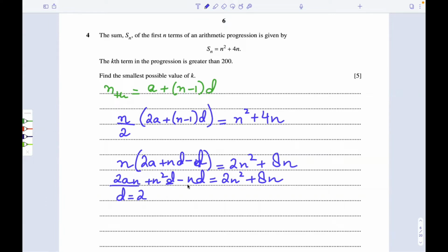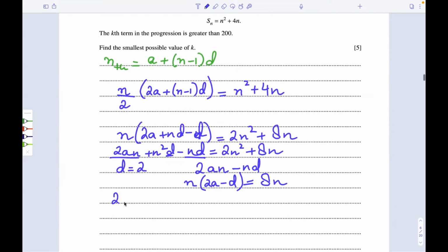The coefficient of n over here is 2a minus d. Taking n common, we have 2a minus d, and on the right hand side the coefficient of n was 8. So we can say that 2a minus d is equal to 8.